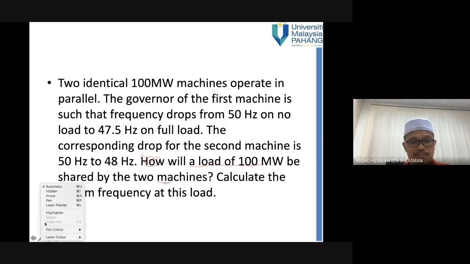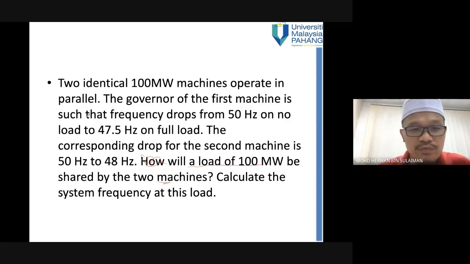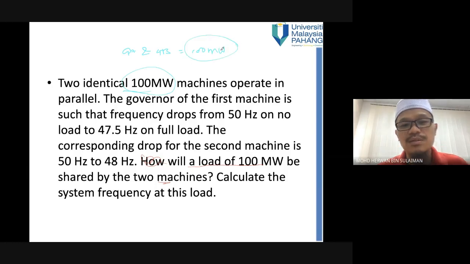So the question now is quite tricky. You have two identical 100 megawatt machines, GA and GB. 100 megawatts means that this is the capacity or the maximum, right?